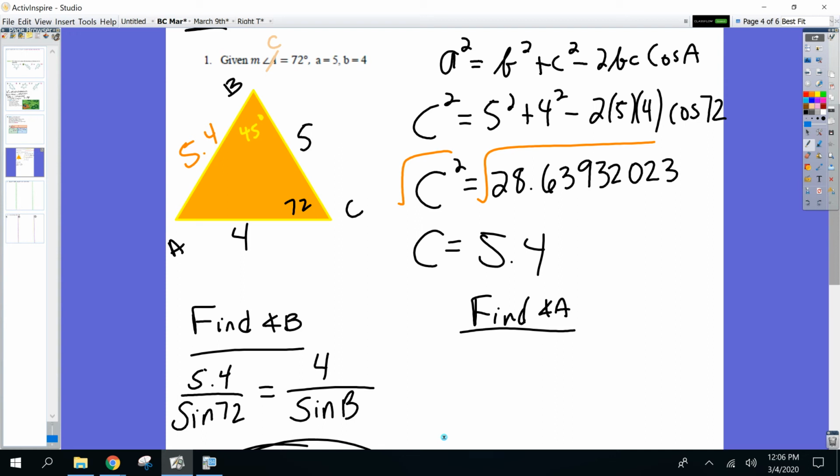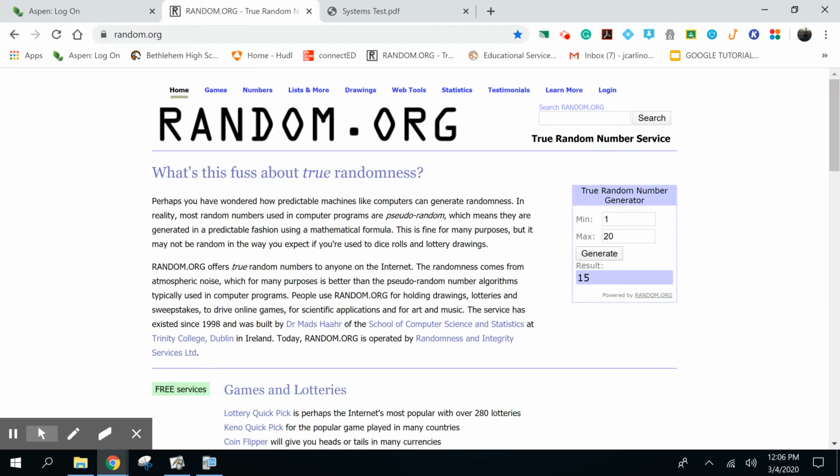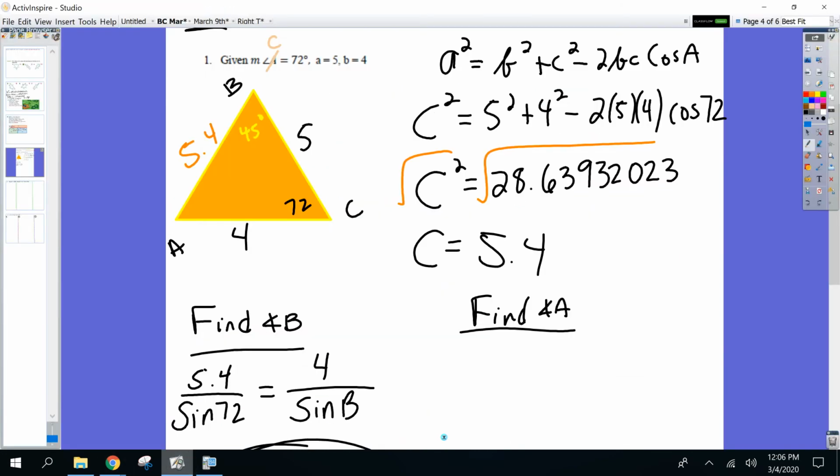So you let me know how you want to do it, and I'll either reject it or accept it. 9, how do you want to find angle A? 180 minus 72 minus the 45 I just found. I've got time for that, yeah. Not knocking law of sines, you could do that. And a little 63 action.